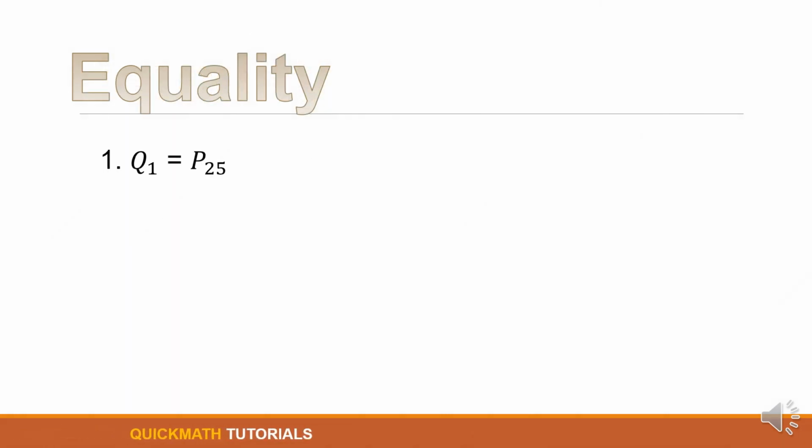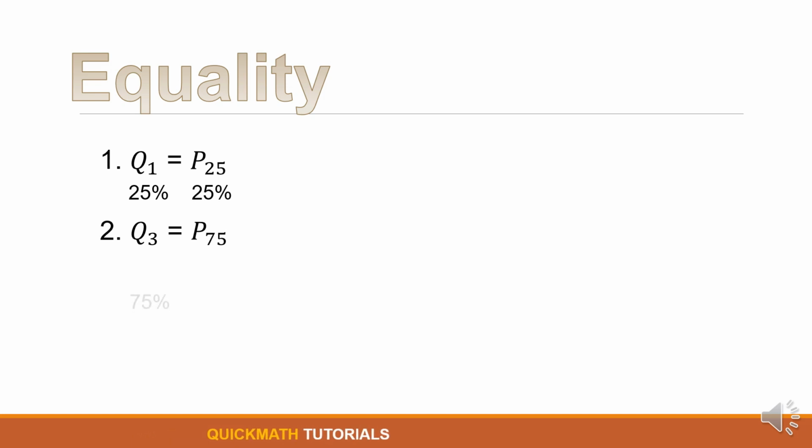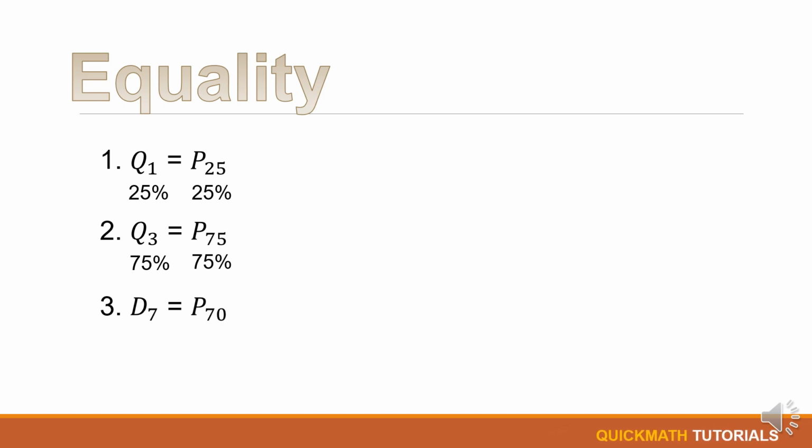Now, the first quartile is just equal to the 25th percentile. It's because Q sub 1 is 25% and P sub 25 is also 25%. Next, Q sub 3 is just equal to P sub 75. So we have 75%, also 75%. And the 7th decile is just equal to the 70th percentile.